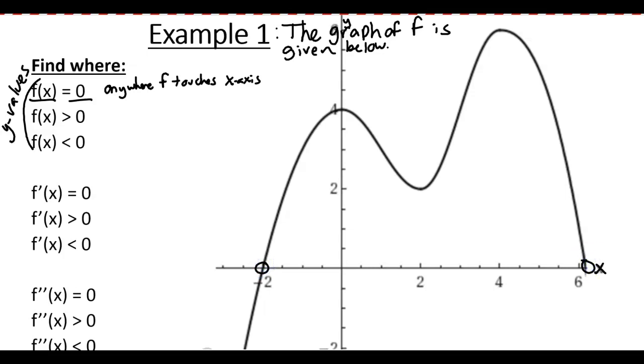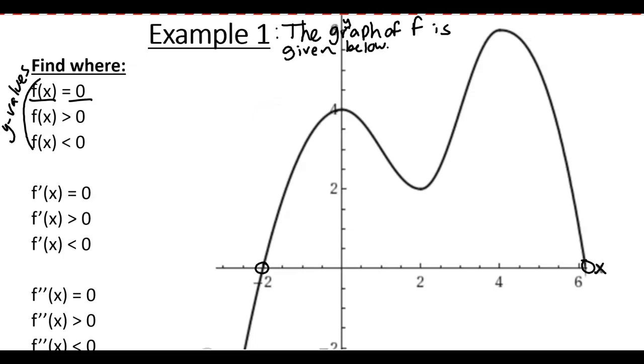If we were estimating, I would say that the one on the left looks like it's probably -2, and the other is probably at about 6.1, just estimating. So that's where f of x equals 0, or in other words, where y equals 0. Let's go ahead and move on to the next part.